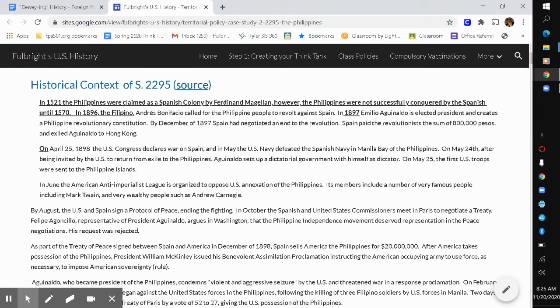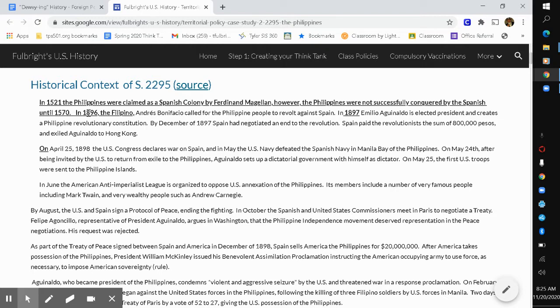So as we've been studying foreign policy recently, we've talked about all of these different places that were fighting for independence from Spain. The Philippines were another one of those places. The Philippines were claimed as a colony of the Spanish in 1521. It took the Spanish until 1570 to actually conquer them.